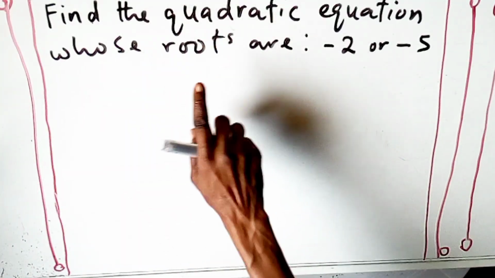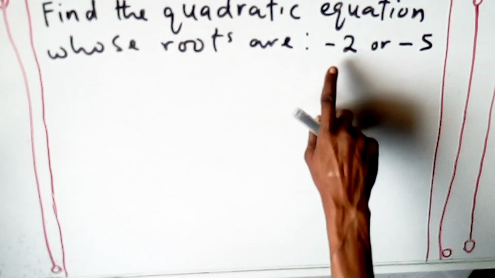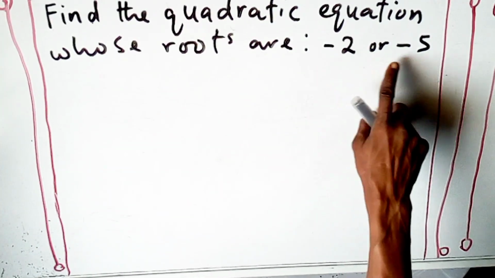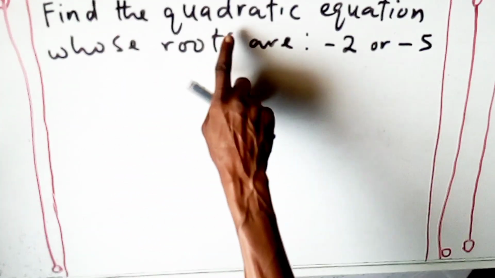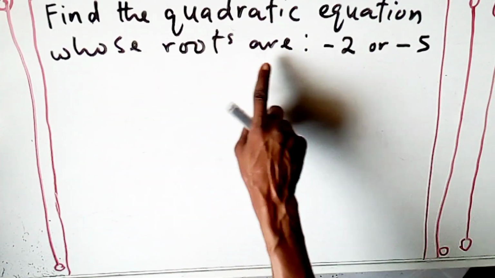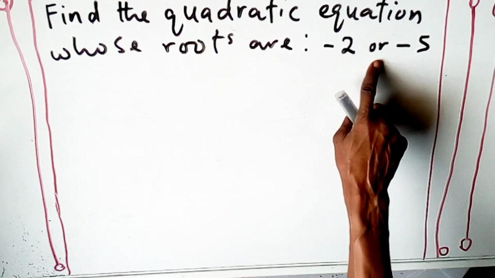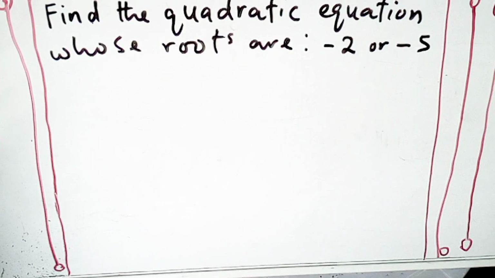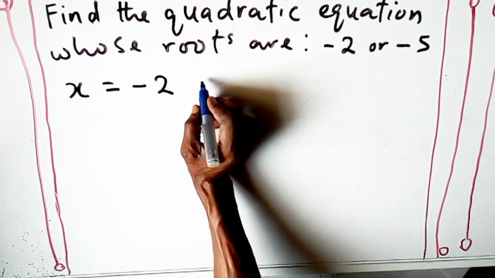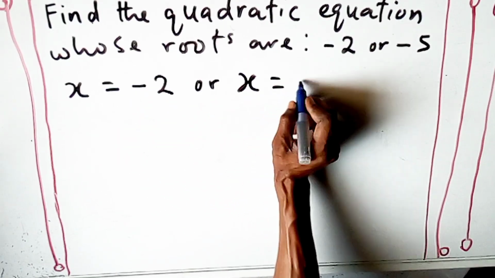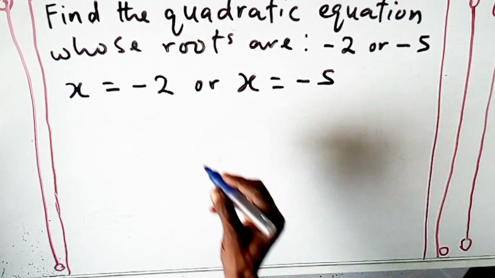The next example, a question can come this way. Find the quadratic equation whose roots are minus 2 or minus 5. We want to use it to check the question we just solved now. So you simply write x equals to minus 2 or x equals to minus 5.